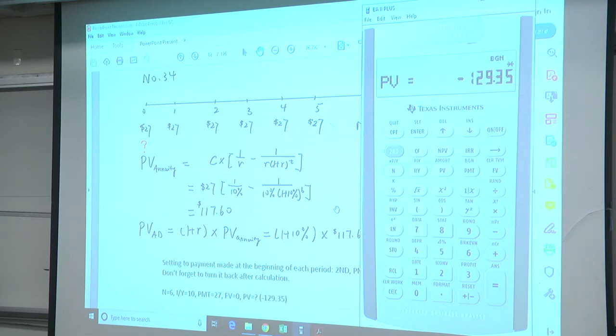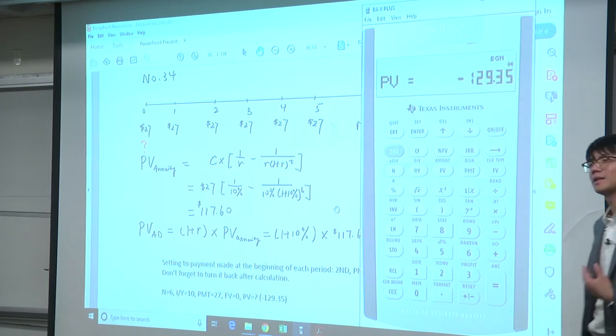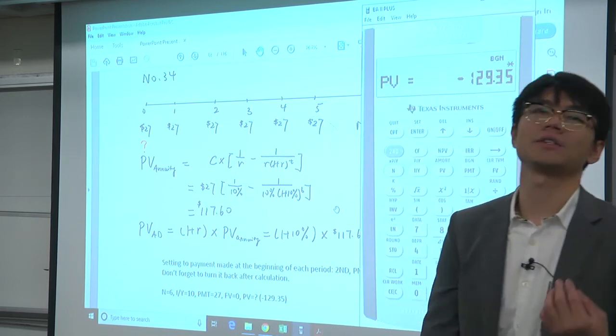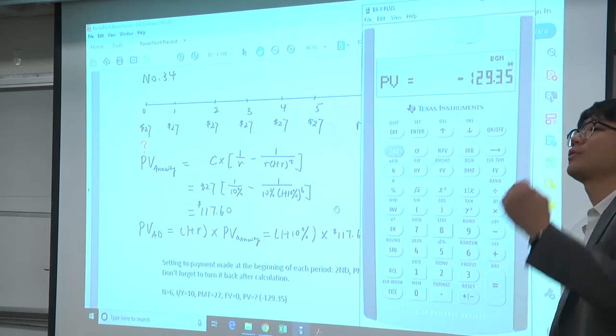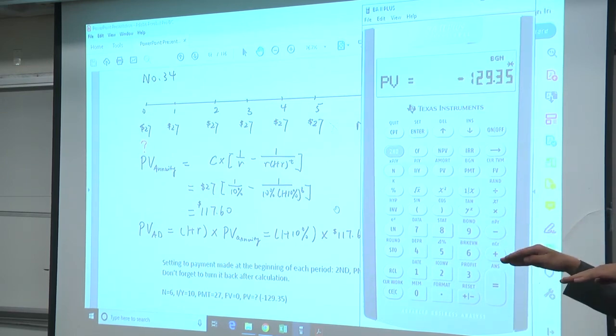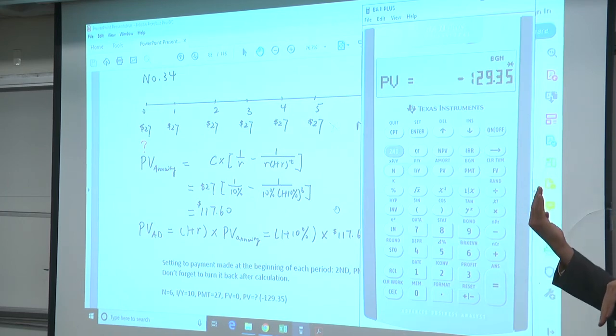It's 129.35. You ask, why is it negative? The calculator's logic is this. You pay $129.35 today. You receive 6 payments of $27 starting from today. The 5 key calculator is a balance of cash flows. The in and out are balanced.